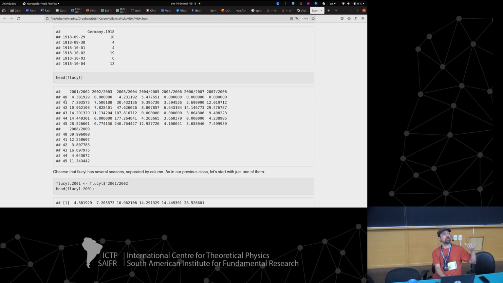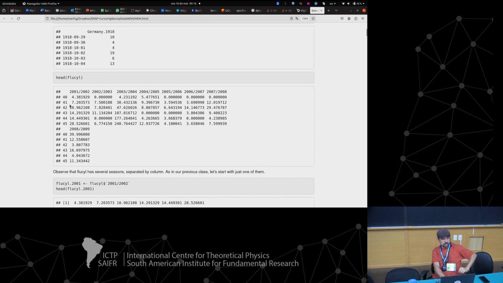It's not days anymore, it's weeks. And the name or index associated with each row is already the number of the week. Okay? So we have a running year. We start from week 1 to week 52 or 53, depending on the year.